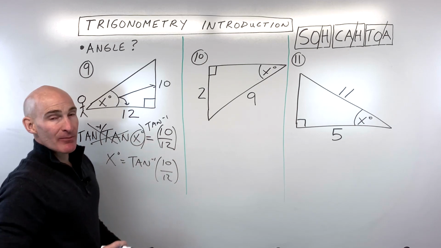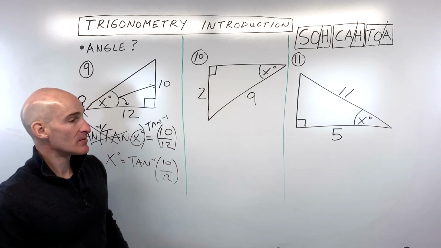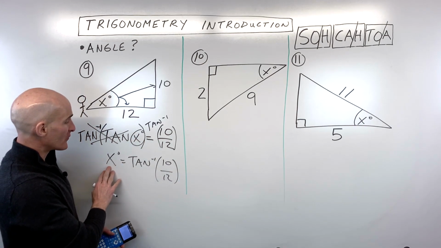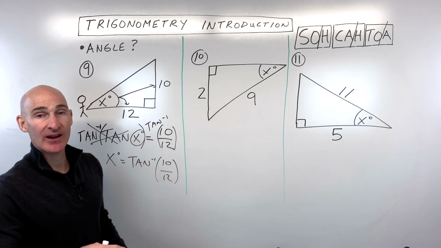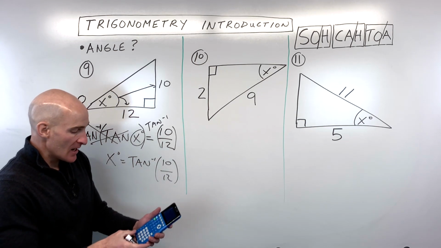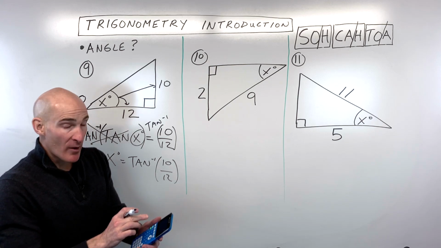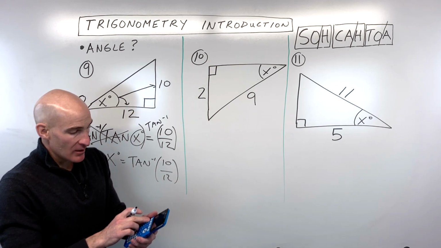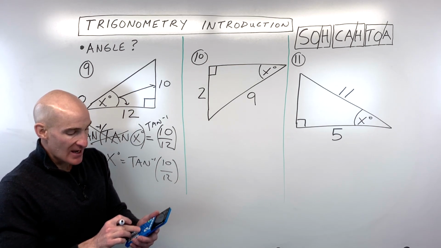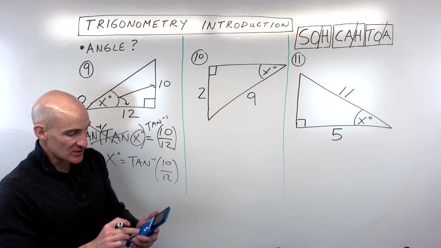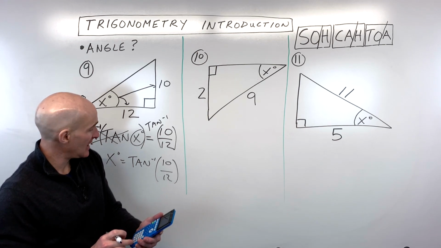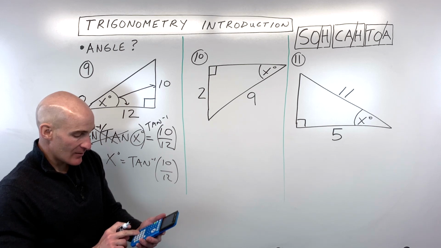Now, you can skip that first step if you want as you do this more and more. Just realize that if you're solving for the angle, you're going to use the inverse sine or inverse cosine or inverse tangent. Now, on your calculator, you might need to press the second key, and it should be right above your sine, cosine, and tangent keys. So it should be second tan, so that's tan inverse of 10 divided by 12.